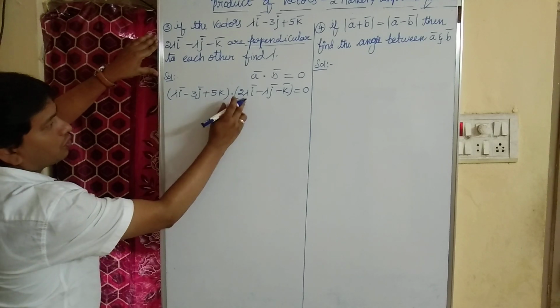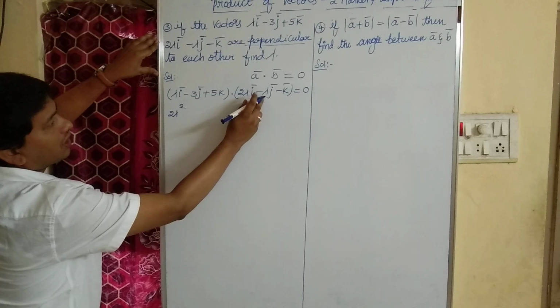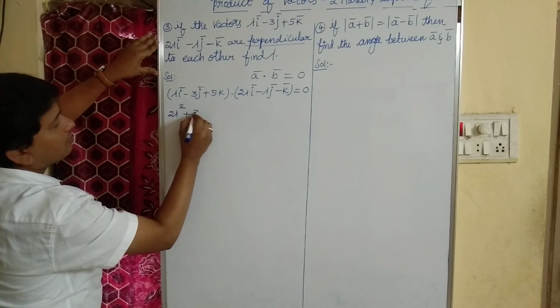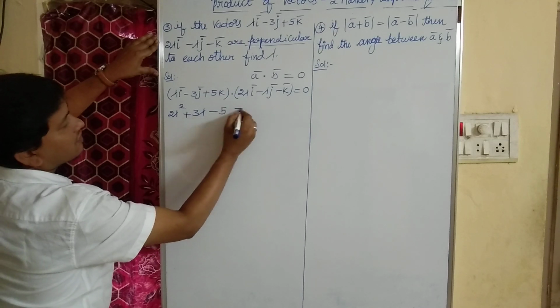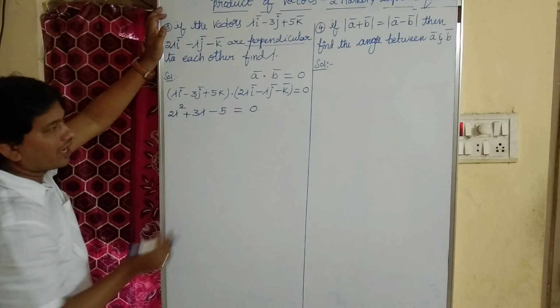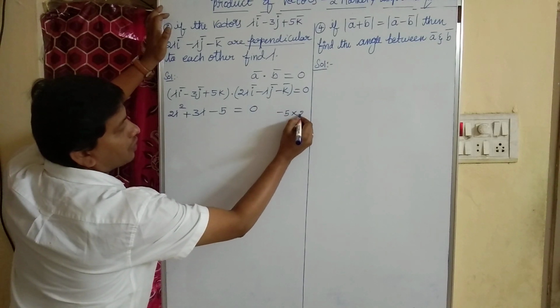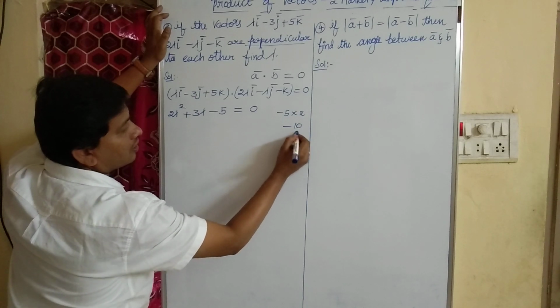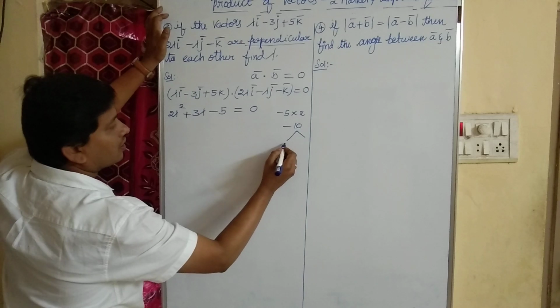So λ into 2λ gives 2λ square, minus 3 into minus λ gives plus 3λ, plus 5 into minus 1 gives minus 5, equal to 0. So for factorization, 5 into 2 is 10, and the factors of 10 are again 2 and 5.